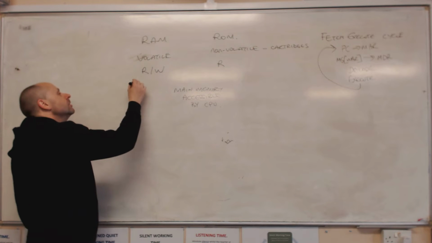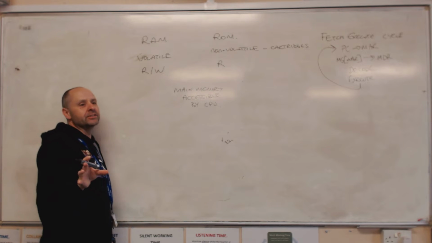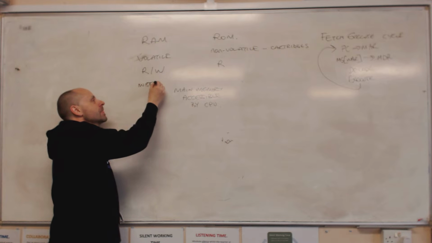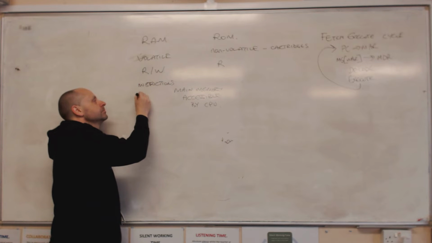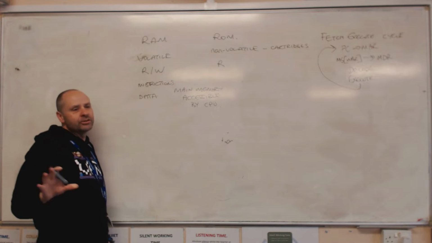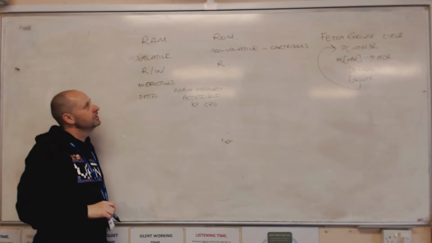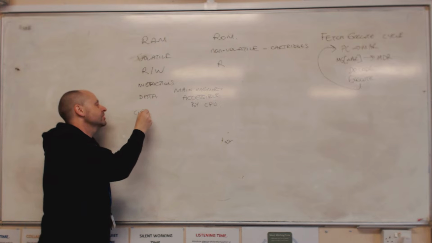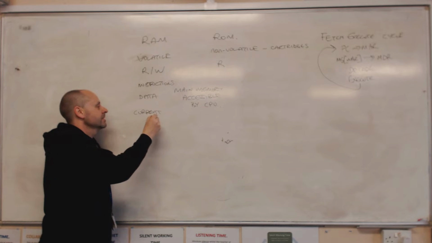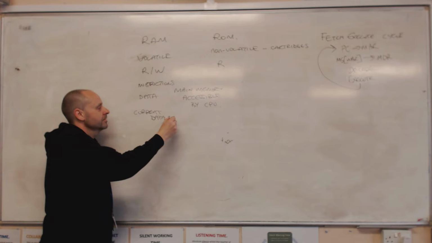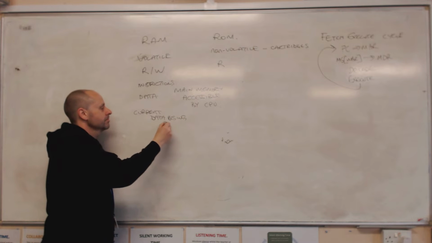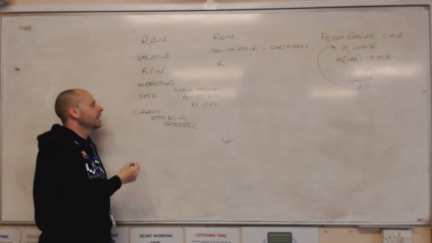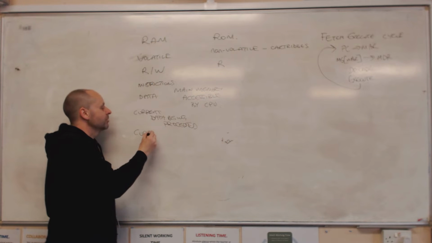Right. RAM only holds two things. ROM the same. Instructions and data. They're the only two things that are stored. RAM is used to hold the current data we're processing, and the current programs that we're executing.